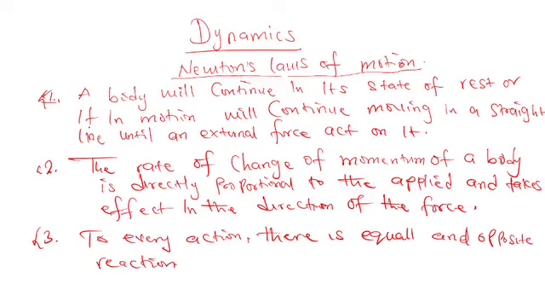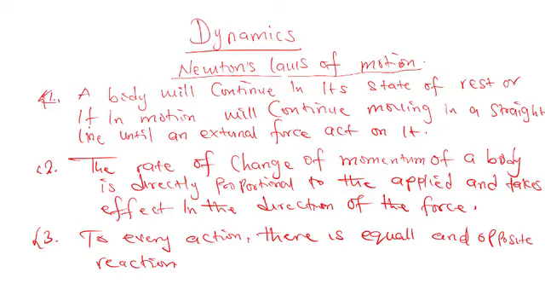This explains the effect of force on a body: force tends to cause a body to deviate from its motion, or to make a body start moving if it is at rest. This is a law that shows the relationship between force and motion of a body.